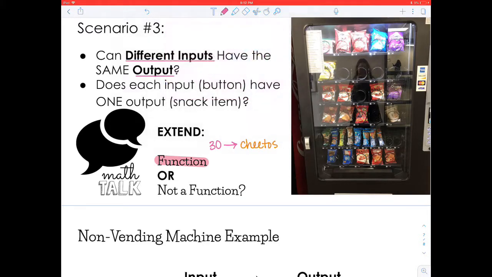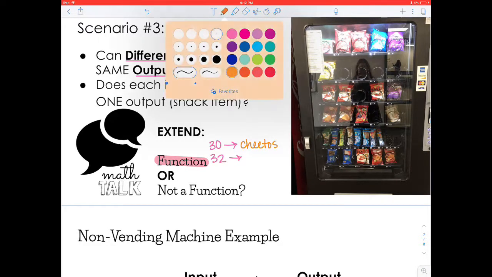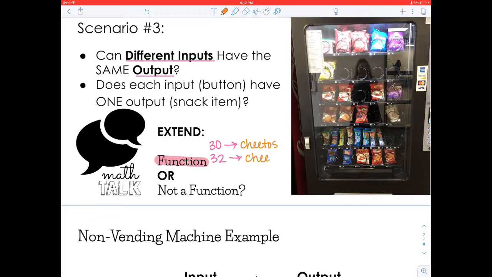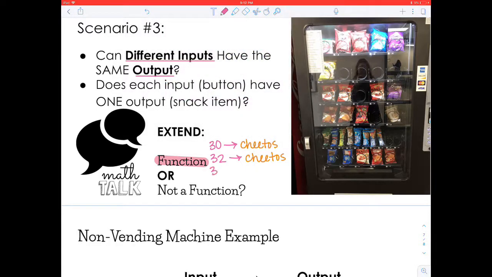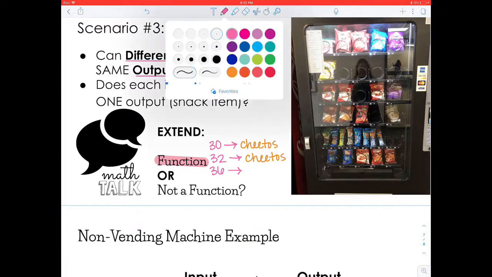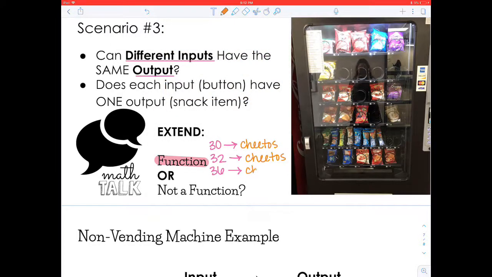I could hit button 32 and my output would be Cheetos. It's still just one output though, even though it's the same output for all 3 of these, and it looks like button 36 is also the Cheetos. So, different inputs can have the same output, but an input just cannot have more than one.